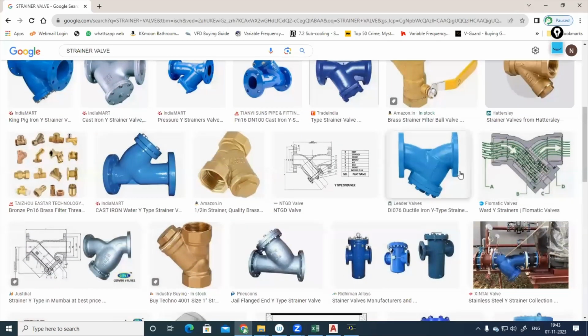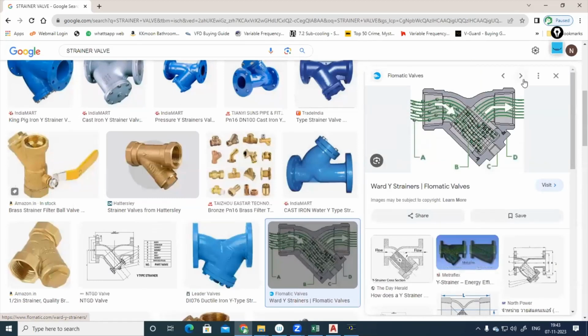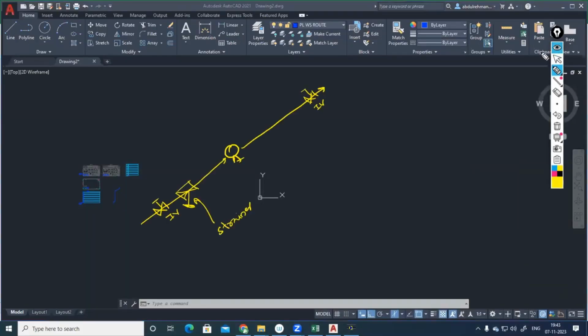When the water flows through the strainer valve, the contamination will accumulate at the bottom. You can open the flange and periodically clean it. If you are not properly cleaning your strainer, a block will come, which will affect the performance. So that's why the pump suction line will have a strainer valve, so that will be increasing the load.